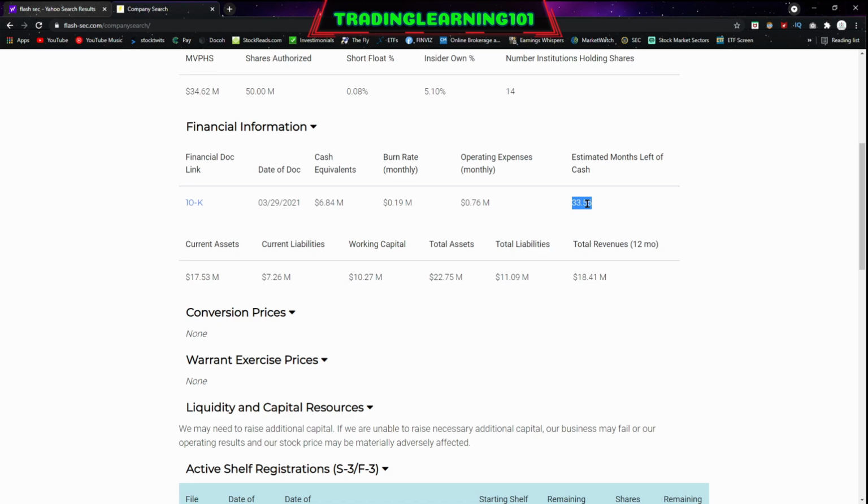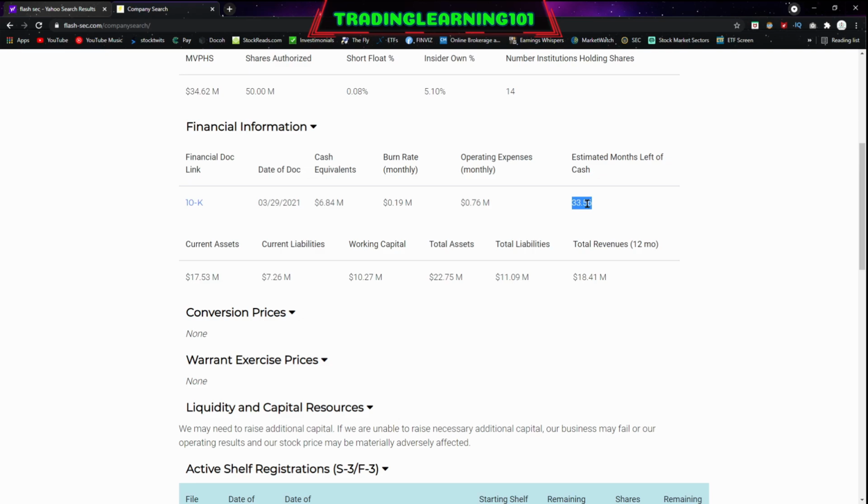That shows me that this company is not desperate for money. The chances of them doing an offering or diluting the stock now is very slim. Which, don't get me wrong, they still could if they can, but you want to see a company have a lot of cash on hand, their burn rate is low.